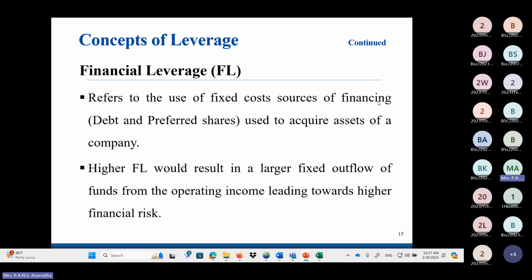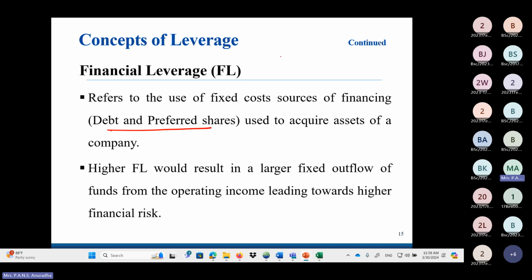You know that in the capital structure, you can finance using debt capital, equity capital, preference shares. So likewise, in your capital structure, if you are using a large weight on debt and preference shares, we are calling that you are having high financial leverage. Your financial leverage is high.